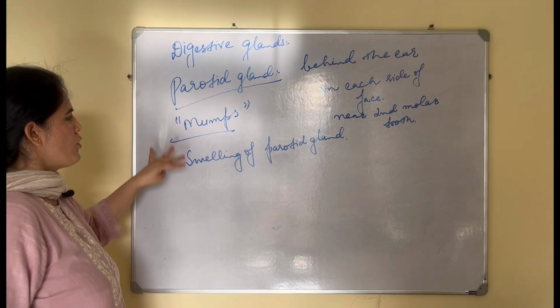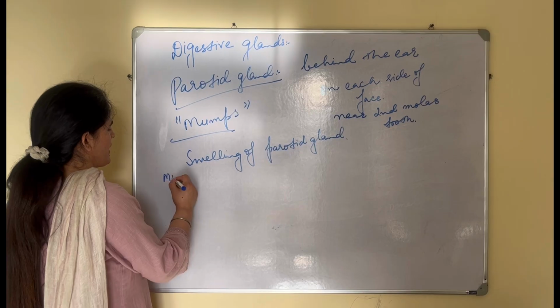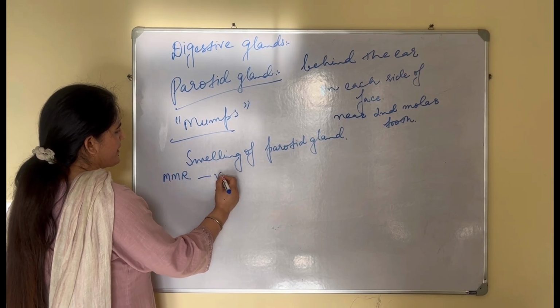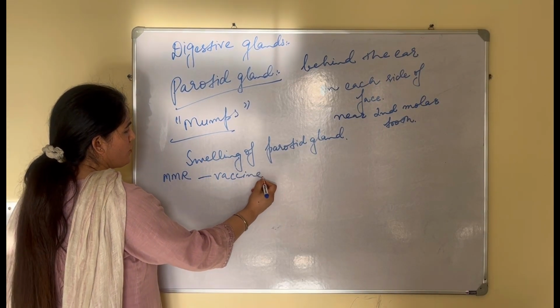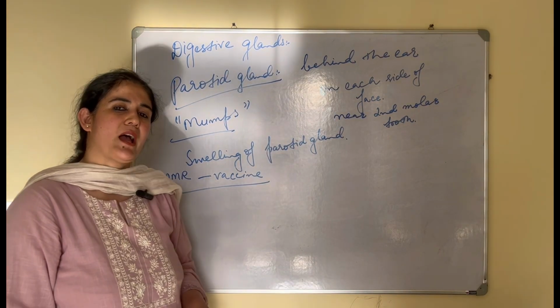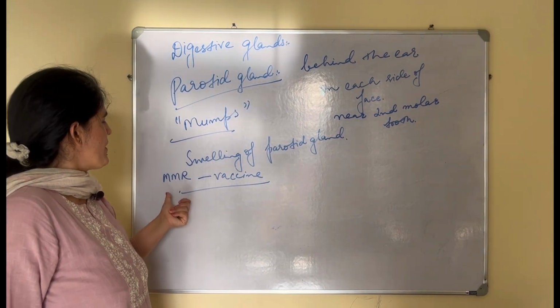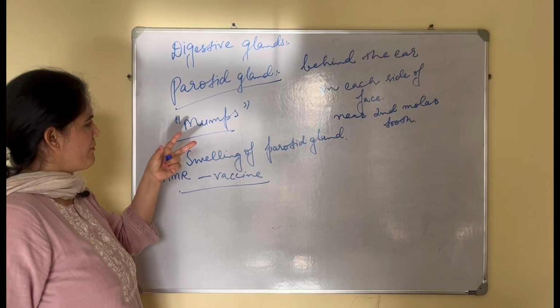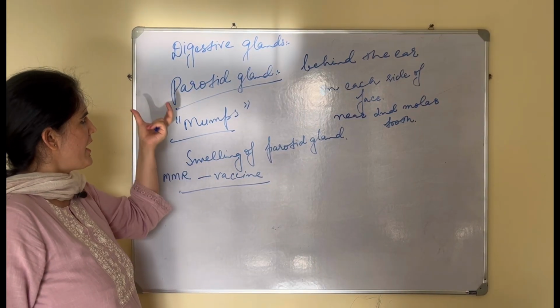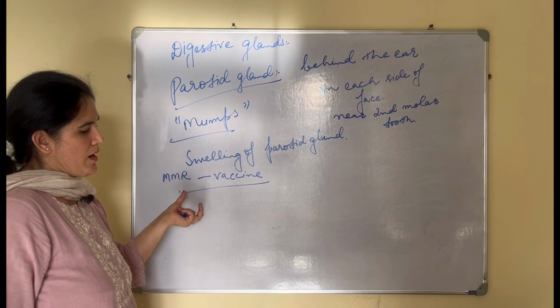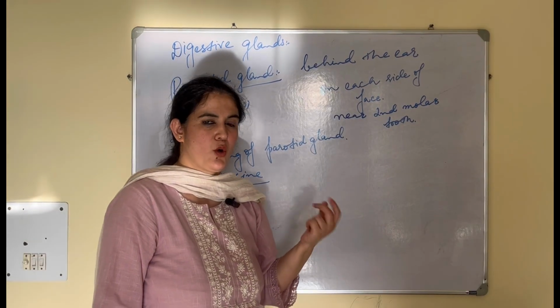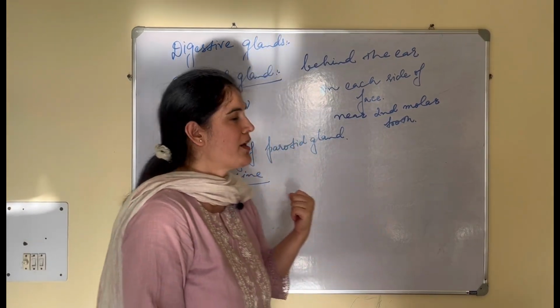There is also a vaccine for mumps, known as the MMR vaccine. You can note this down, as it might be asked in some exams. So inflammation or swelling of the parotid gland causes mumps. I hope this much is clear to everyone.